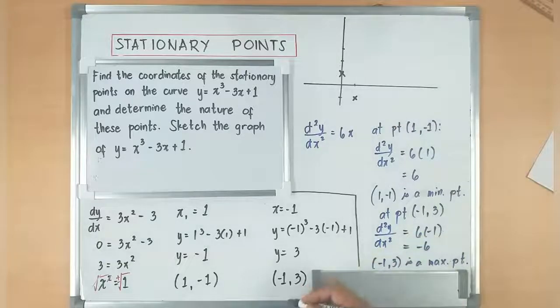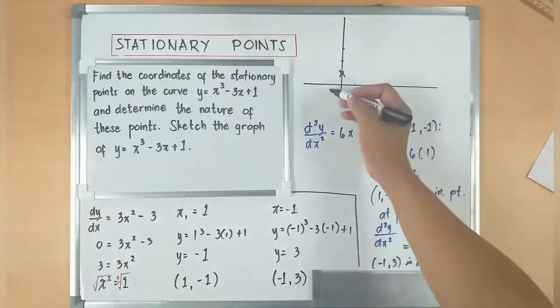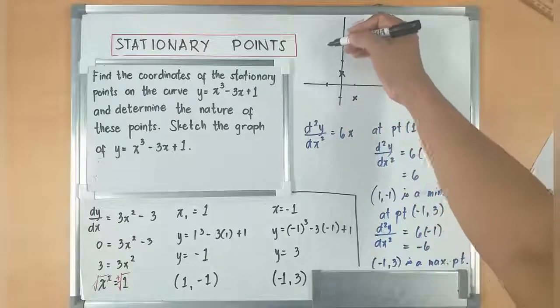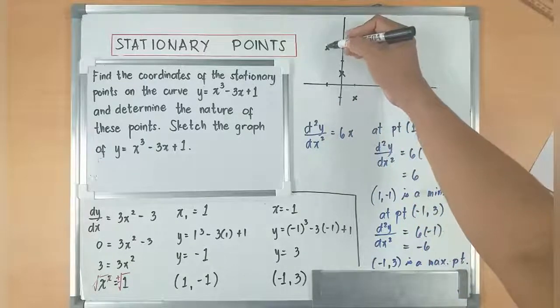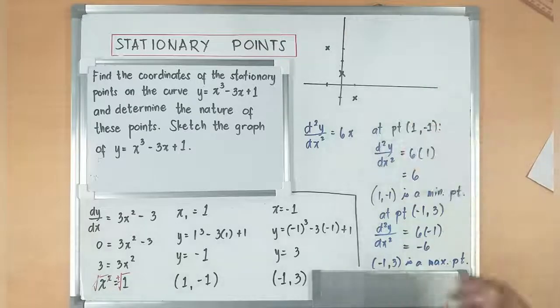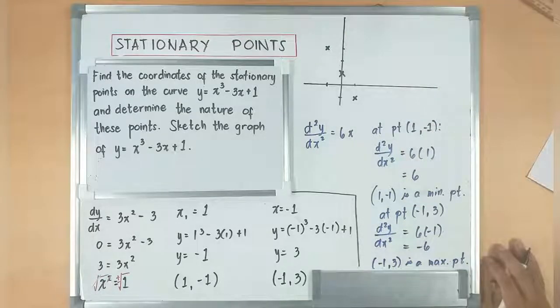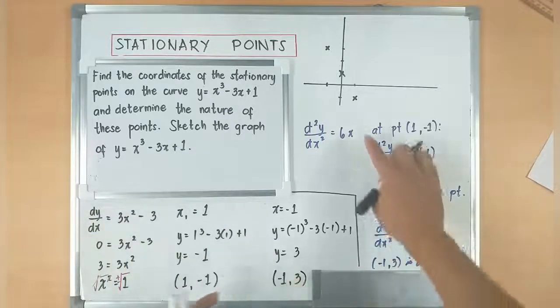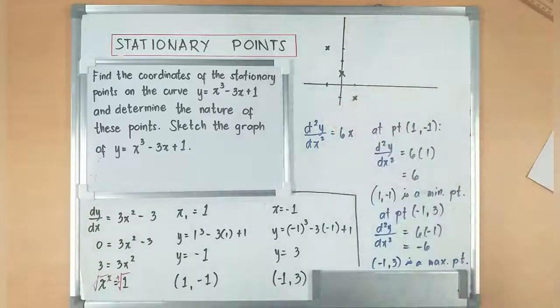Next, I have negative 1, 3. So let's say this is negative 1. Okay, 3 is here. So I have this point also. Next, my problem now here is I don't have any other points anymore. I cannot just draw like that. I have to find out the x-intercepts.